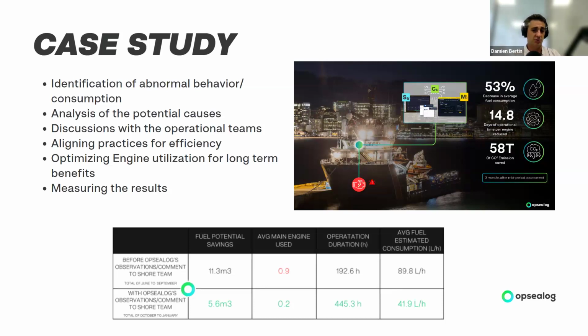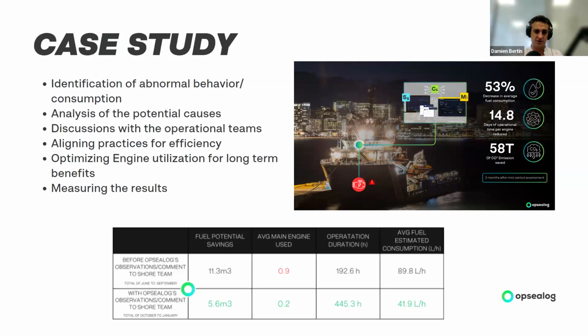Something quite important to mention is that these changes, this alignment of new practices, had no impact on the operations, because it would be a loss to change the behaviors of the vessel if it had an impact on operational efficiency. So plan: define what the objective is. Do: get the right data points, start analyzing and generate results.